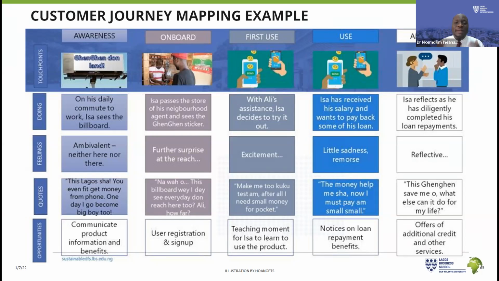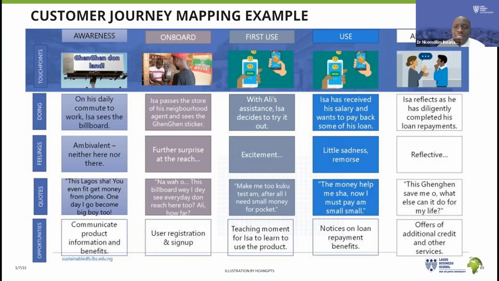And the quote is, "this money helped me, Sha," meaning this money has been very helpful. And then the next comment is, "now I must pay them small," meaning now the obligation rests on me to ensure I repay the loan in small installments. And the opportunities are notices on loan repayment benefits.